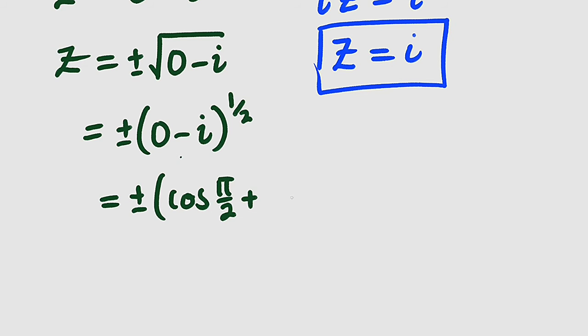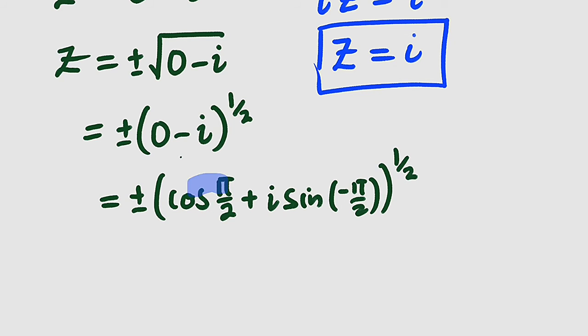So we write plus i sine of negative pi divided by 2, right? Remember, raised to the power of 1 over 2. If you like, you can bring it back. Cosine of pi divided by 2 is 0. Sine of negative pi divided by 2 is negative 1 times i is negative i, right? So we have not done anything, just a conversion.